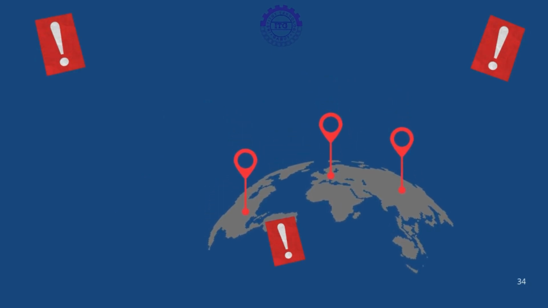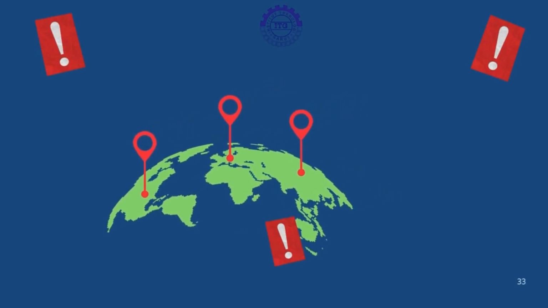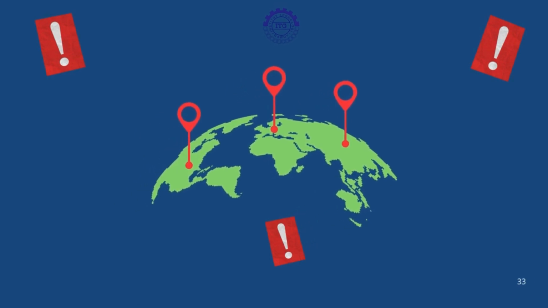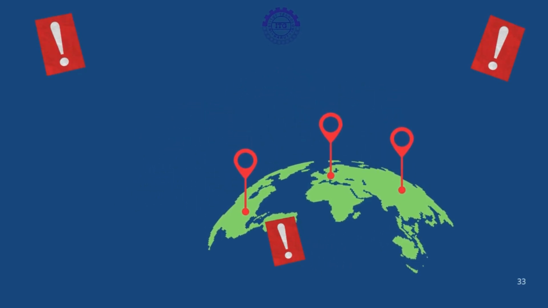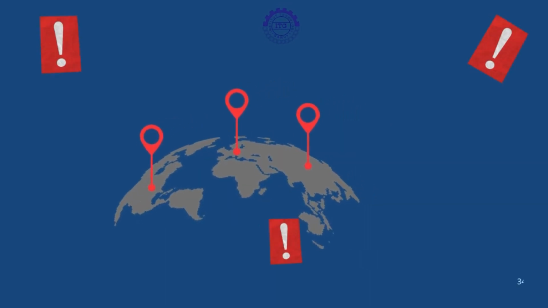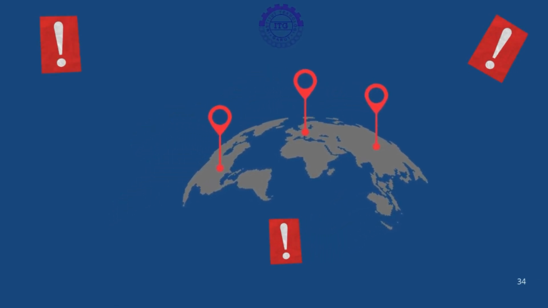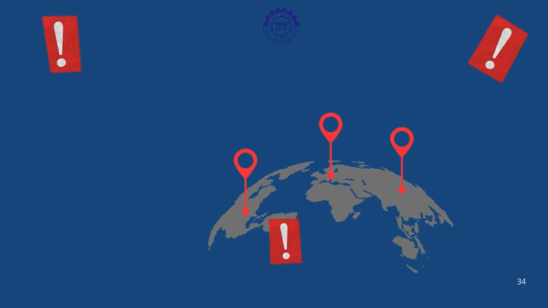Victims included hospitals, telecom companies, and government offices. Files were locked, and victims were told to pay $300 in Bitcoin. From that tragedy, the world learned that updating systems is not optional, but essential.